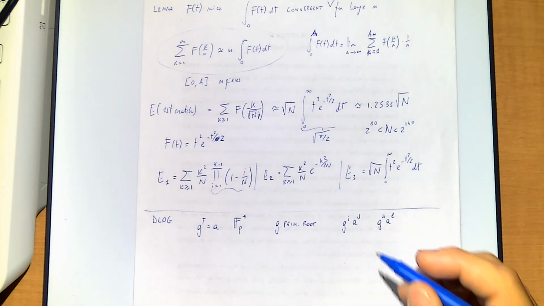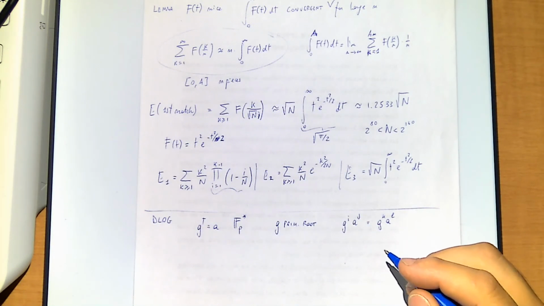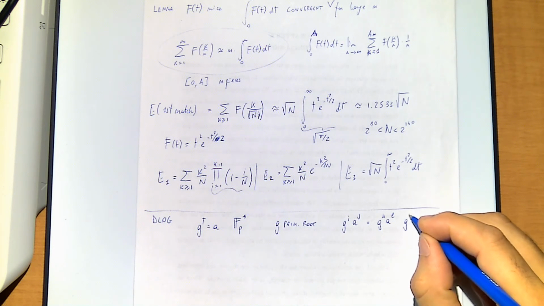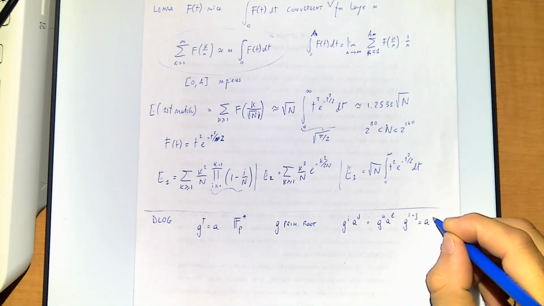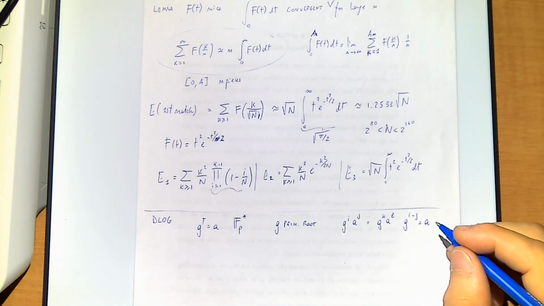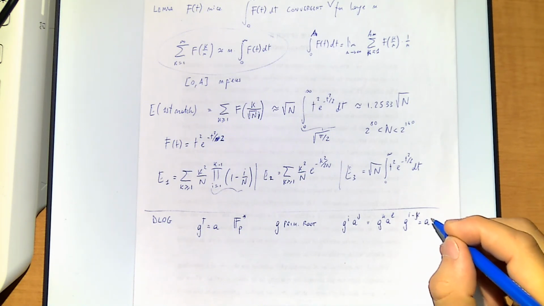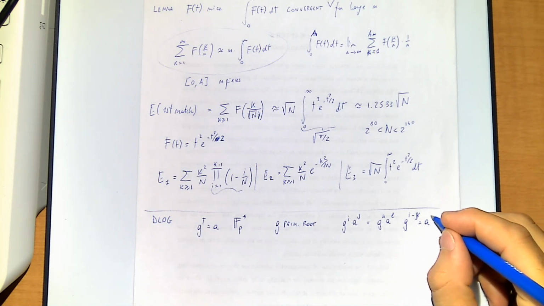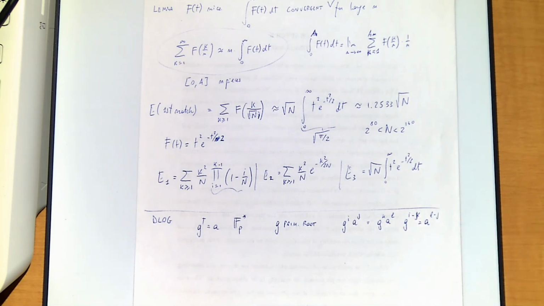Then if these two things are equal, then obviously g to the i minus k is going to be equal to a to the, I lost, this is k, and then this is l minus j, I think. Yes? Okay, well, I'm just dividing. Right, so if we know these four exponents, then I know that g to this is equal to a to that. And then I can take roots and kind of solve the problem that way.